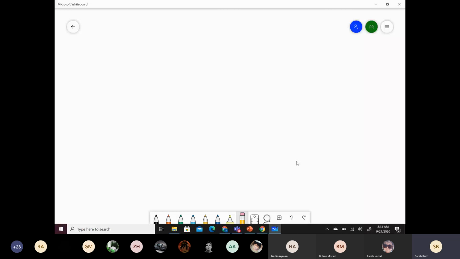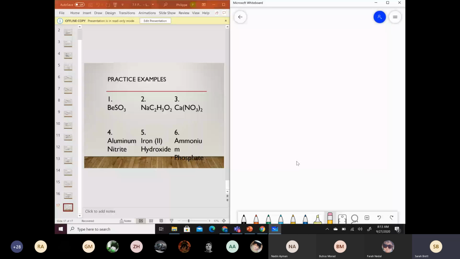Okay, so we're going to look at the first one. I think I did do this with you guys, but I want to do it again. The first thing we need to do is identify what kind of ions make up this ionic compound.